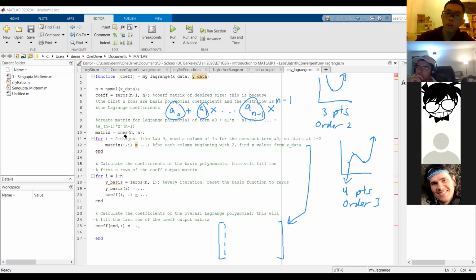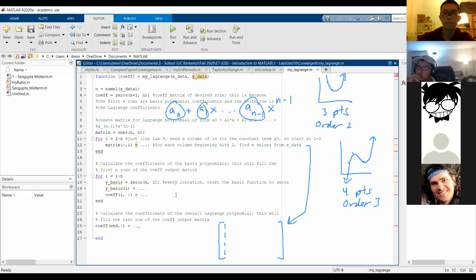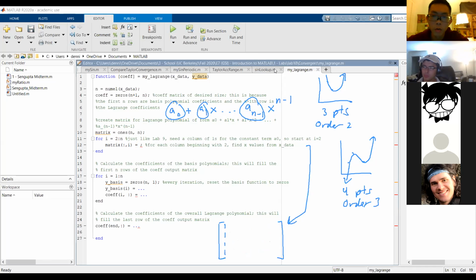Okay, so we'll start at 2, aka the x term. And then we're going to fill in whatever that matrix is. So x values from x data. Okay. As a reminder of what we're trying to do, I'm going to write one more thing over here on the right.